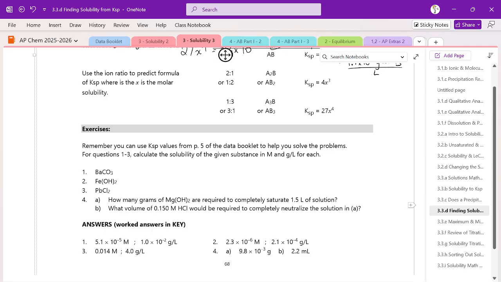If you're asked what is the precipitation reaction, then you write the precipitation reaction. But if you're doing what's the minimum required to precipitate, you're still going to use your solubility. If you're using the Q, you're using Ksp, so you need the solubility equilibrium equation, because Ksp is based on the concentrations.